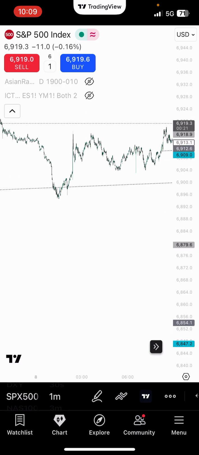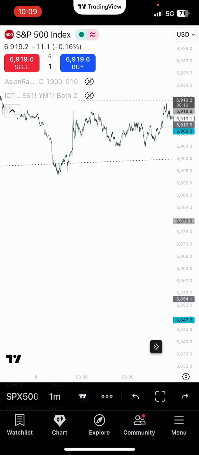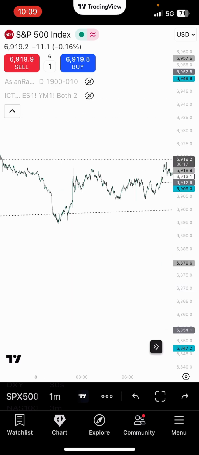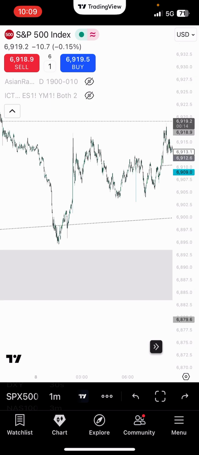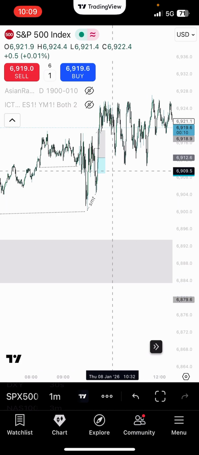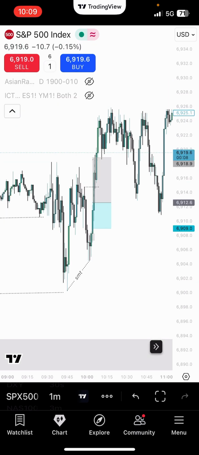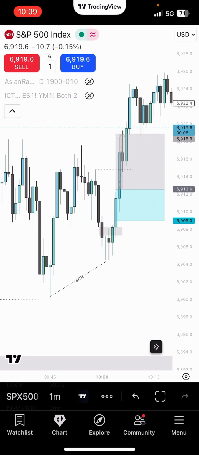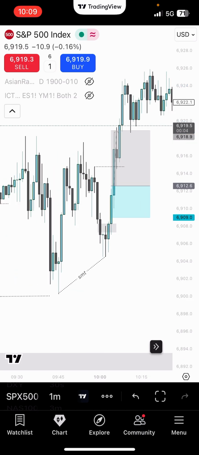Okay, let's bring that back sharp. Also price failed to trade directly into this 30 minutes bullish gap, right? So I had a strong confidence, right?